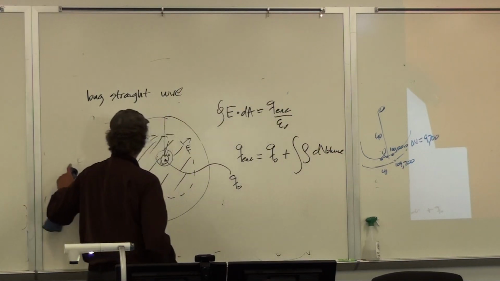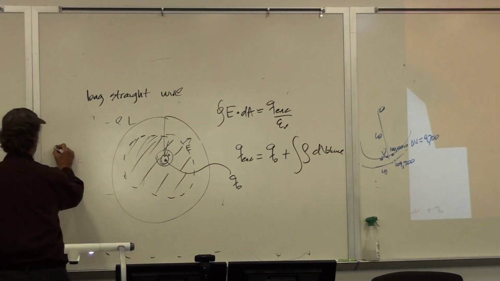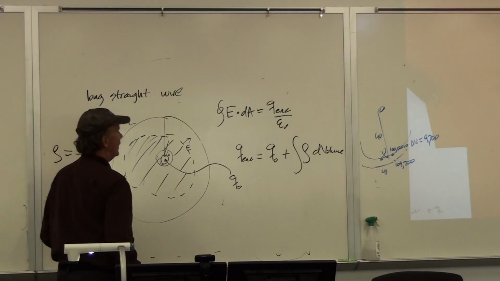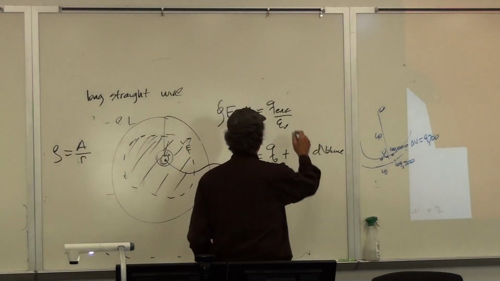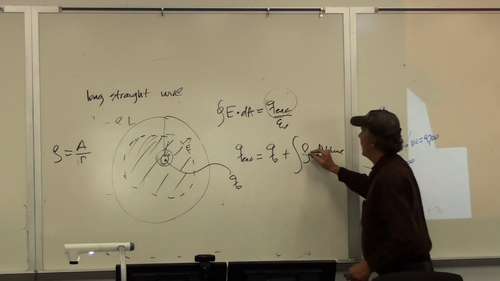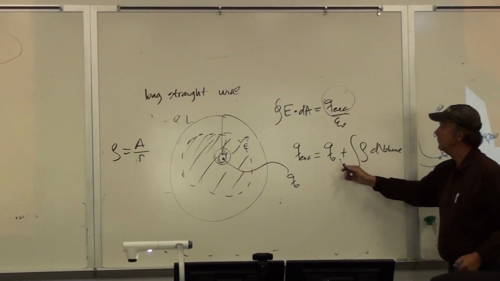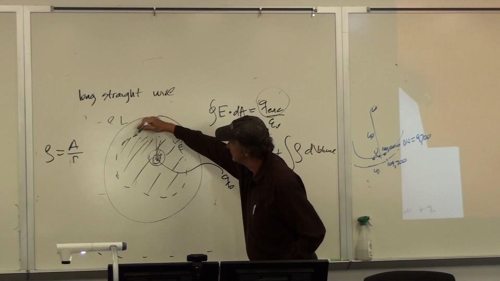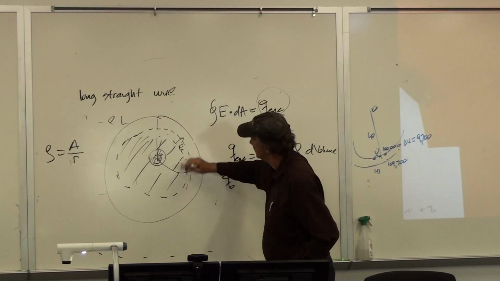Because the density changes as 1 over R. So rho is equal to A over R. And so the charge that we enclose here has to be the result of the sum of the charge that's in the center plus the charge that is enclosed by this Gaussian surface.